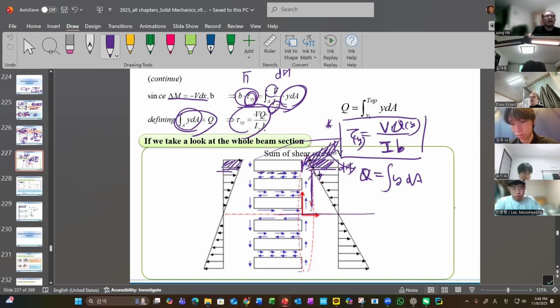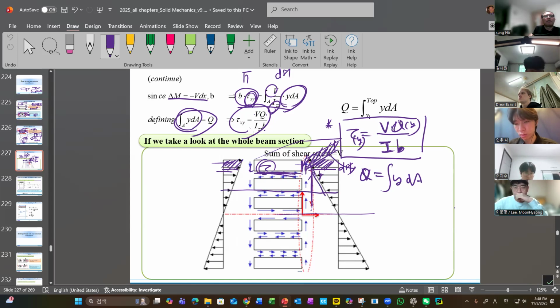So to make the equilibrium, we need to have this shear force. So this is axial force, axial force, axial force. From that, tau can be calculated. Now this tau is always the same as here, same as here and same as here. And then if we consider more area, same thing.